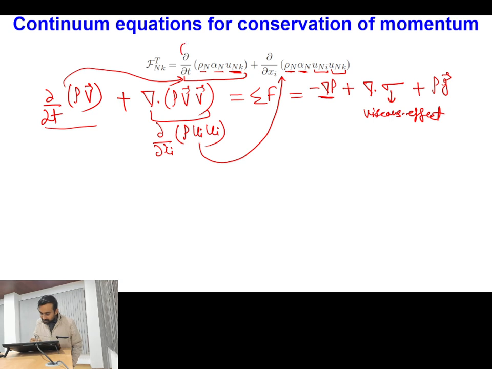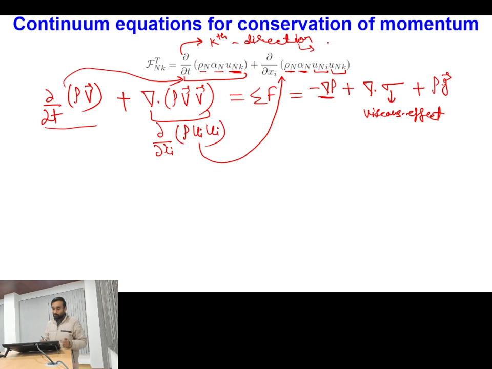The difference is I am writing this momentum equation in the kth direction, and mass I am considering normal to the boundary.